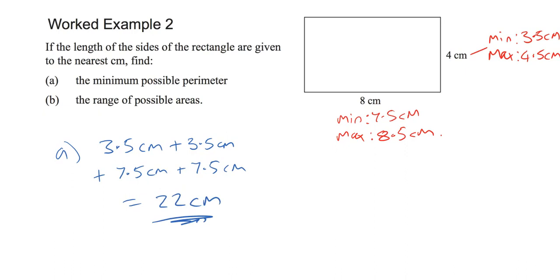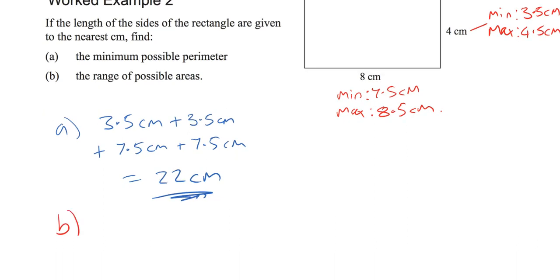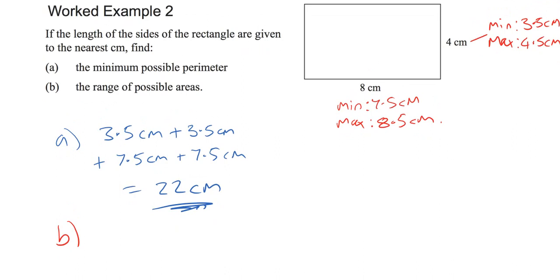Okay, what about in part B then, the areas? Well, if I'm thinking about area here, minimum area, well, I would need the 2 minimum values, and I multiply those together to find area. Area is length times width. So the minimum area is going to be 3.5 multiplied by 7.5.